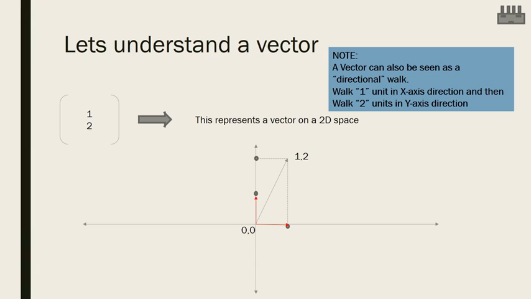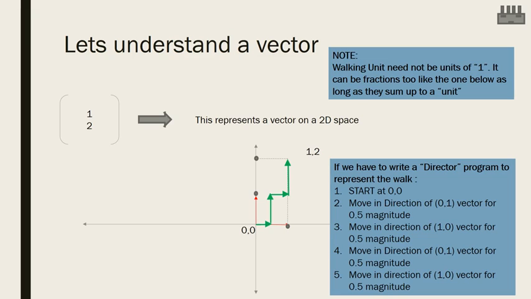Now look at this walk. We're walking from 0, 0 to 1, 2. We're making a lot of turns here, but essentially it is still the same. The idea is that a vector is defined by the axis, and you can choose to walk however you want along the axis and then reach that vector.